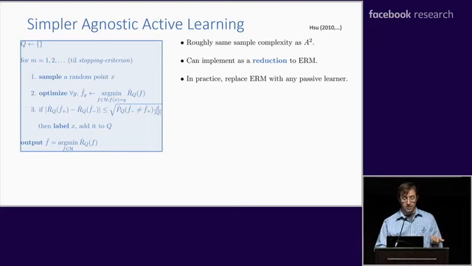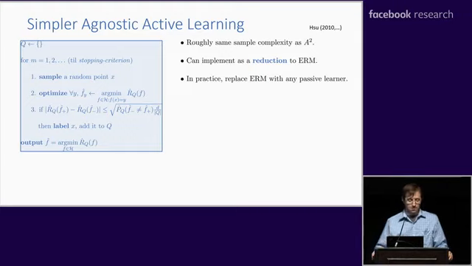Then with those two classifiers, do this Bernstein check. Is one of them much worse than the other? If the empirical error rates are very close to each other, then go ahead and request a label for X and add it to the data set. Otherwise, skip over it, because we can conclude that one of them is definitely worse than the other, so we can infer what F star's label is there.